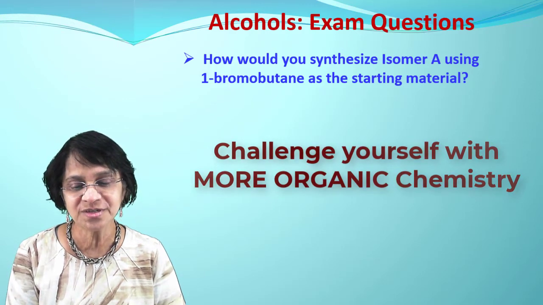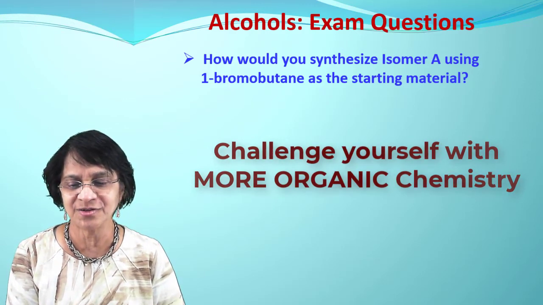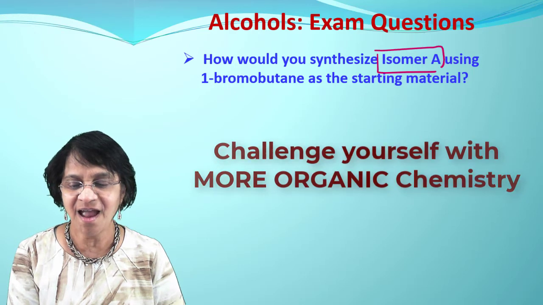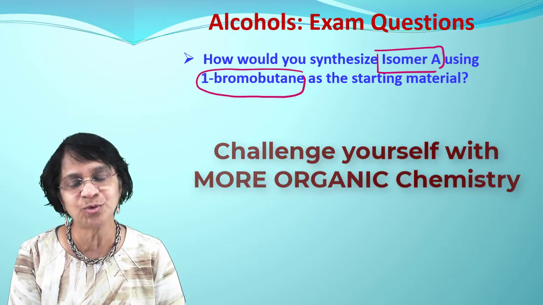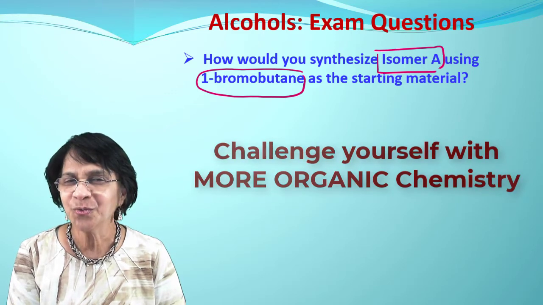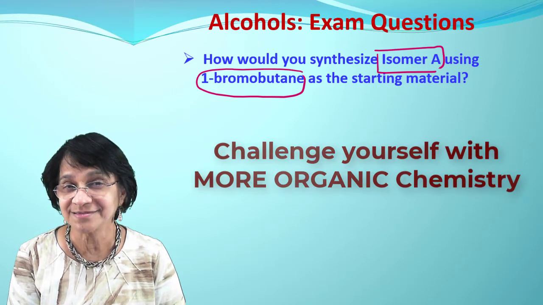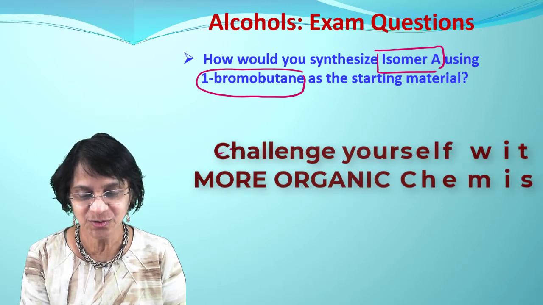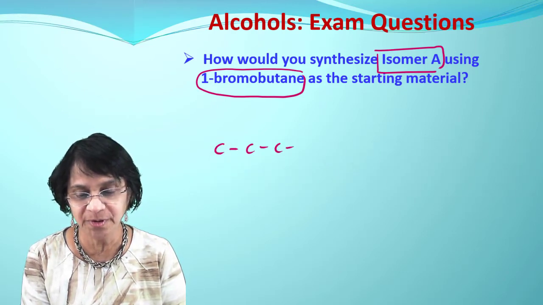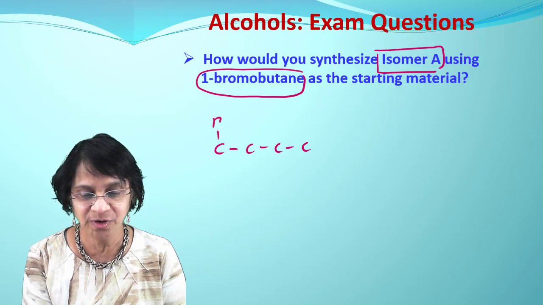And here is a question for some more brain work. If you are going to synthesize, let's say, isomer A, and the starting material given to you is 1-bromobutane, how would you synthesize that? Did you get the answer? Well, let's make it easier. So that's 1-bromobutane, and you can begin writing 1 from either side.